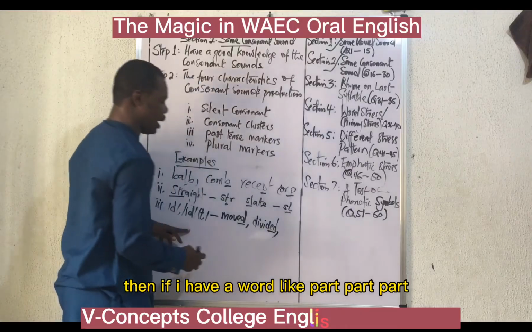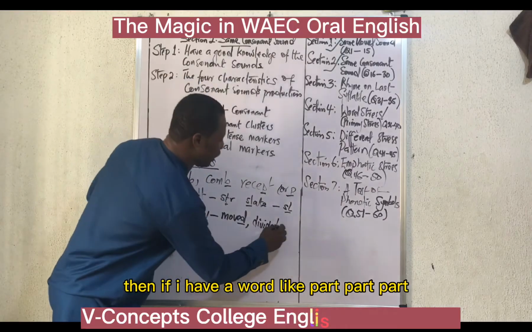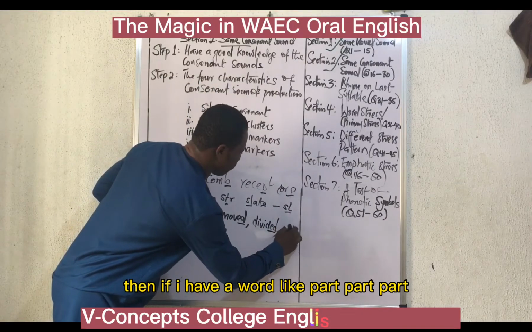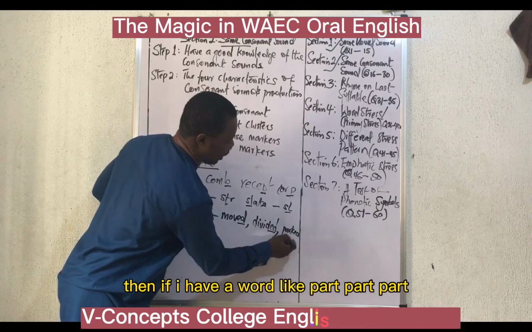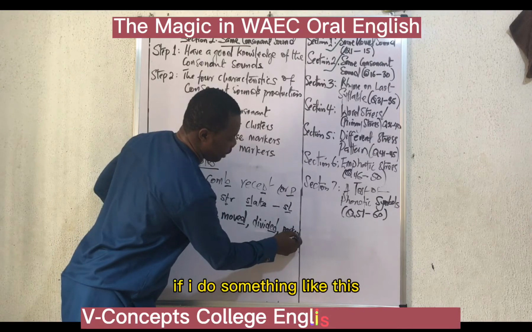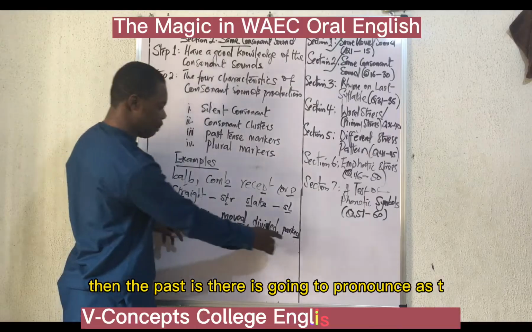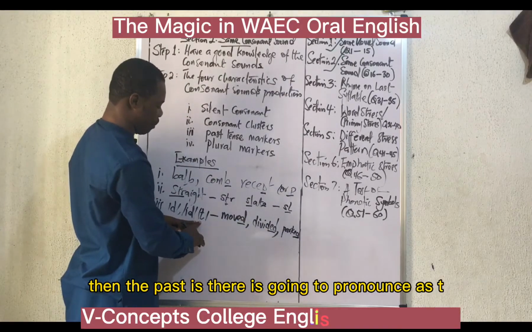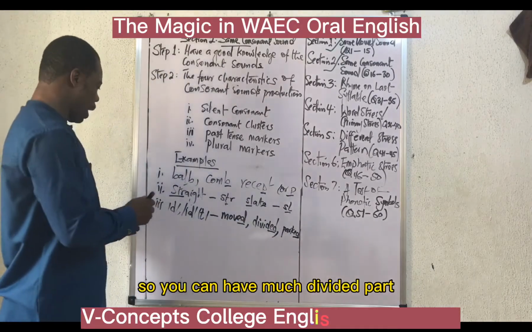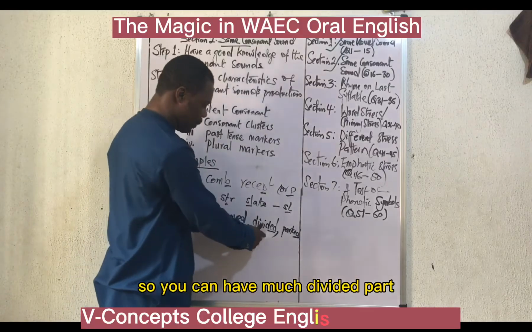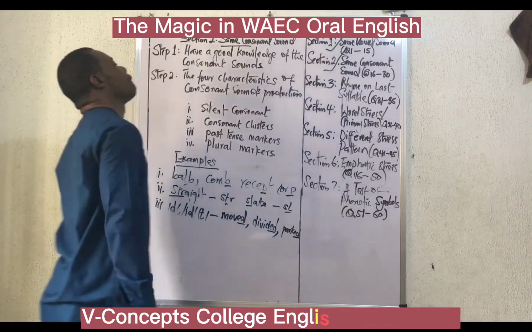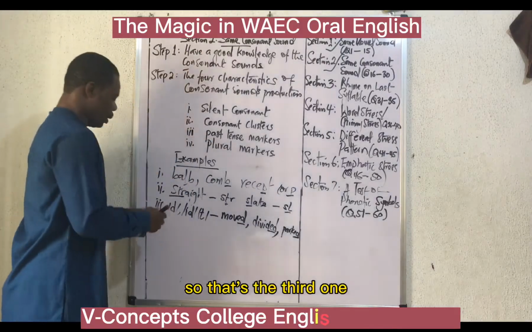Then if I have a word like packed, the past tense there is going to be pronounced as T. So you can have moved, divided, packed. So that's the third one.